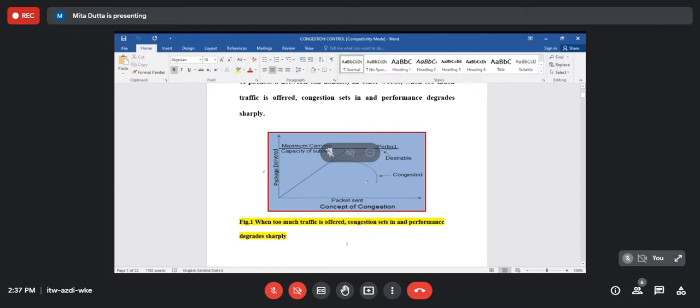This condition is shown as the desirable condition.